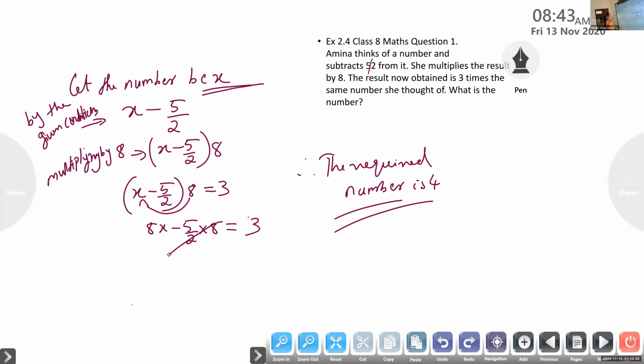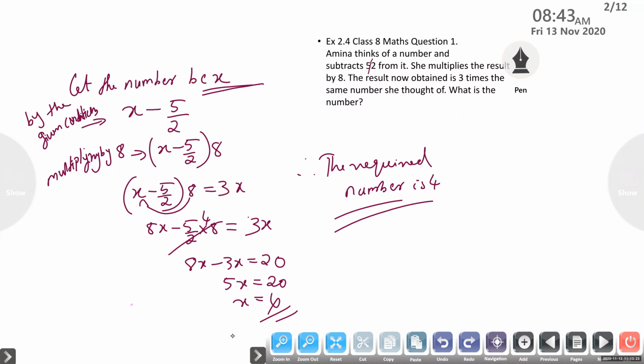Here we can cancel 4. So 8x minus 3x equal to 20. 5x equal to 20. x equal to 20 by 5, 4. Okay, Isha?